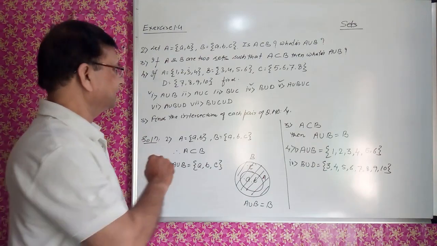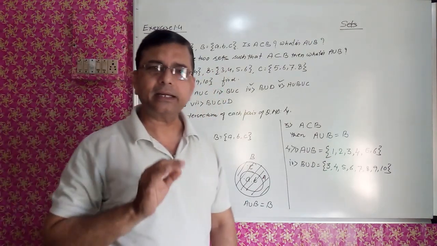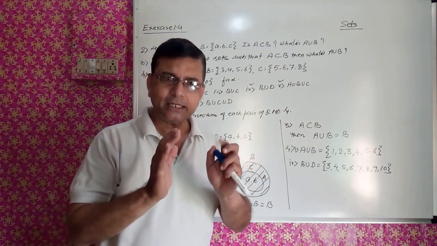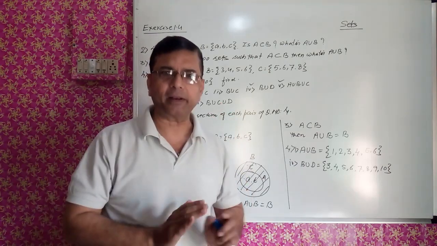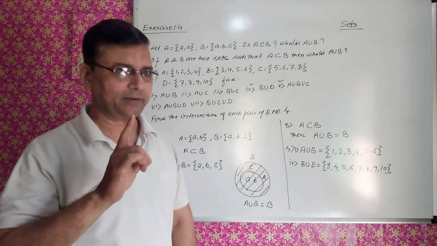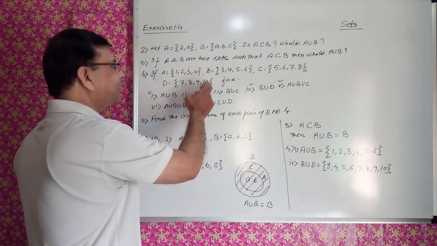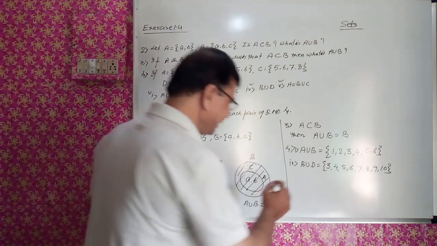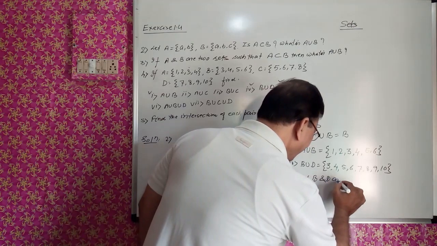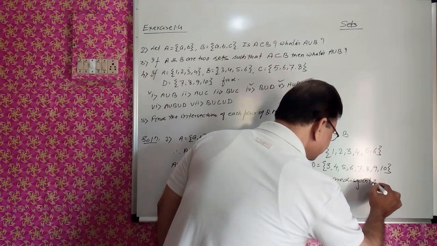If nothing is common in two sets, such sets are called disjoint sets. Very important, right? B and D. B is 3, 4, 5, 6 and D is 7, 8, 9, 10. So we can write that sets B and D are disjoint sets.